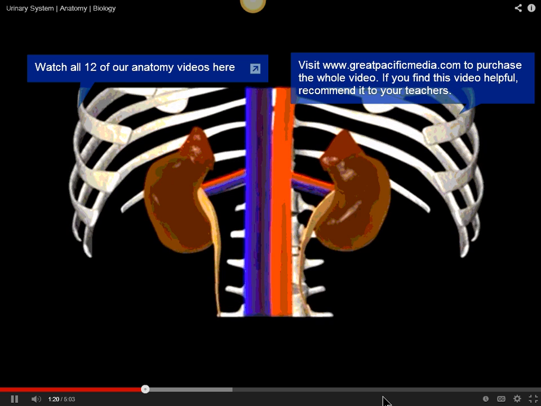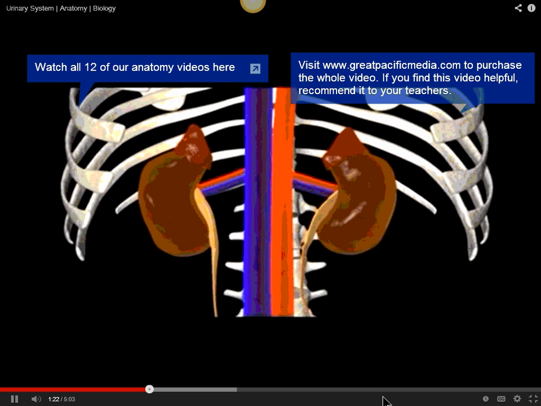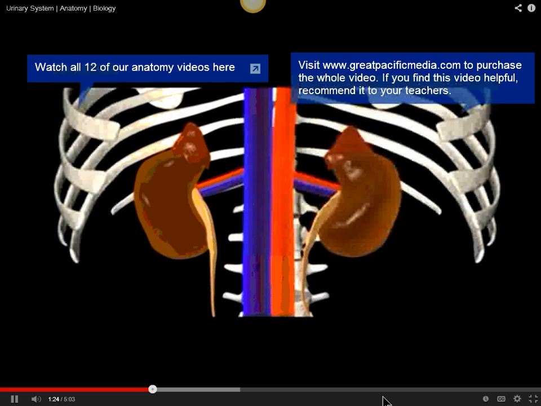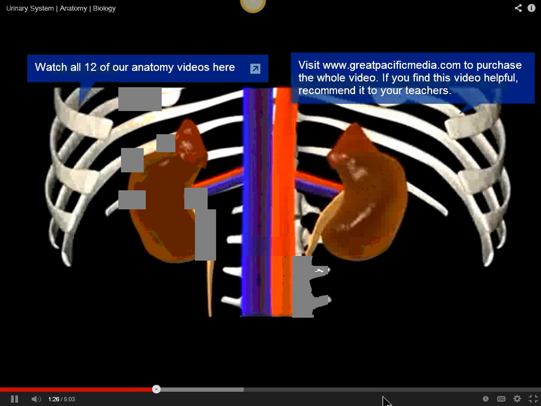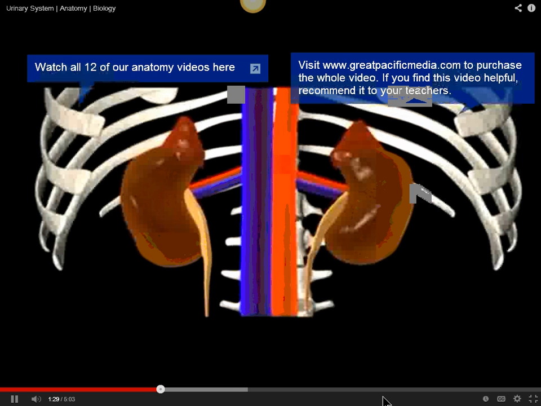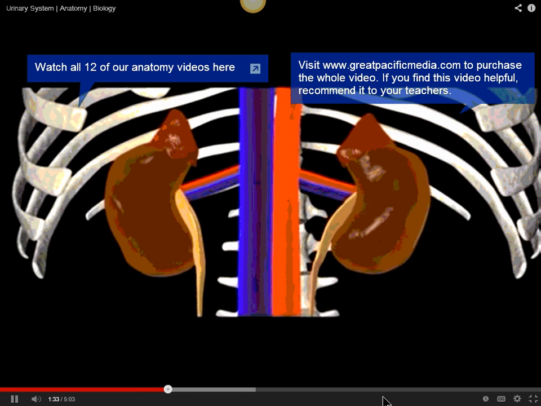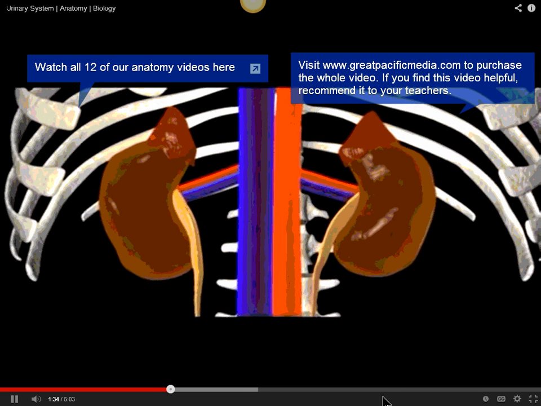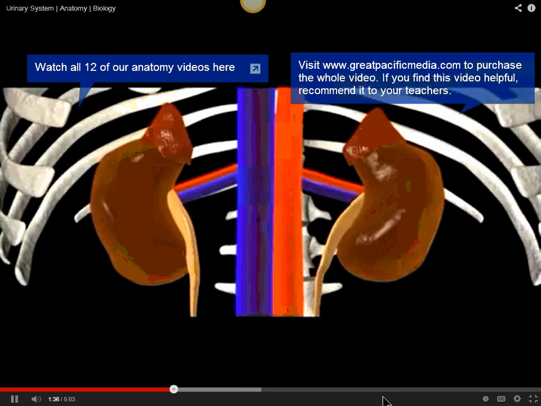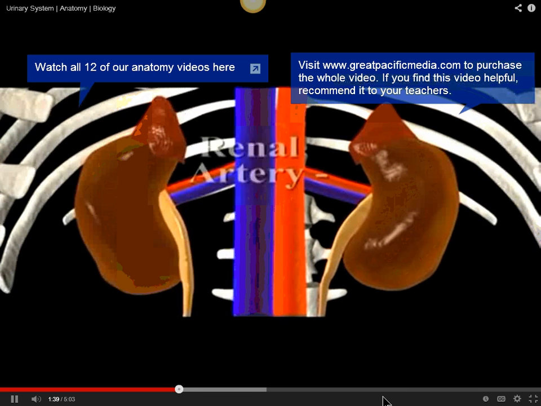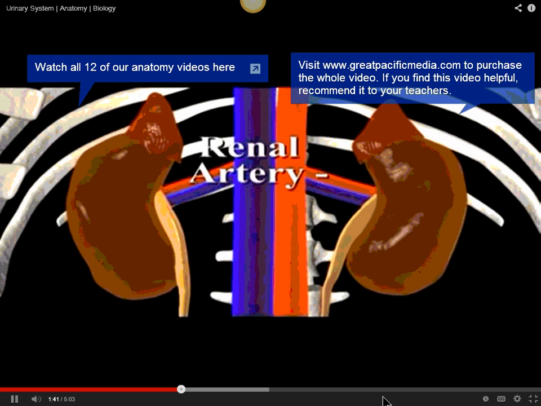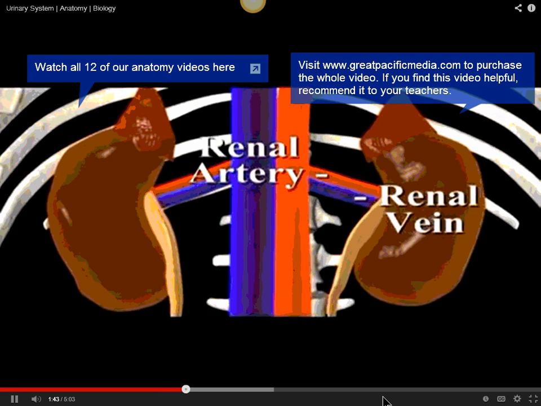Human kidneys are paired, kidney bean-shaped organs located on either side of the spinal column and extending slightly above the waist. Each is approximately 13 centimeters long, 8 centimeters wide, and 2.5 thick. Blood carrying various wastes enters each kidney through a renal artery. Then the blood exits through the renal vein.